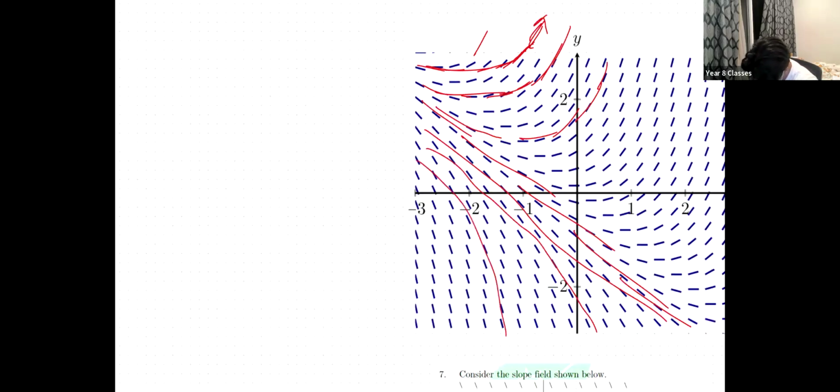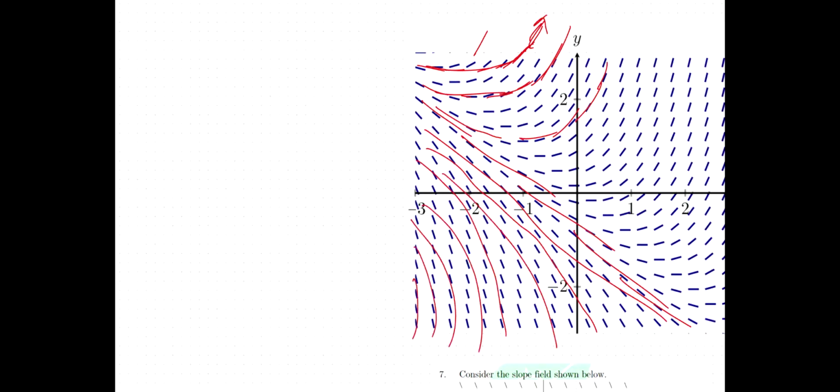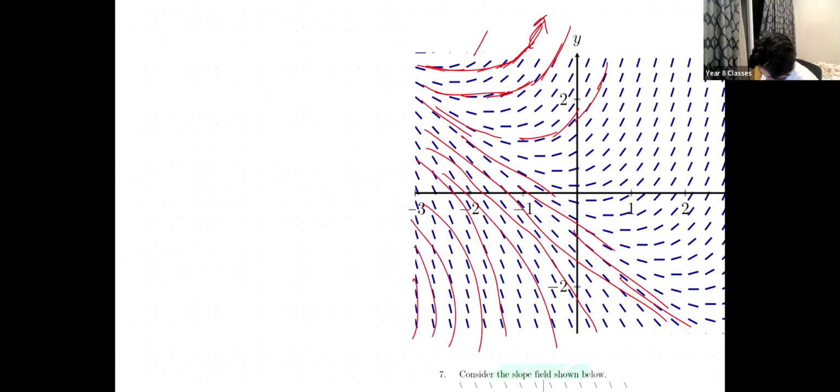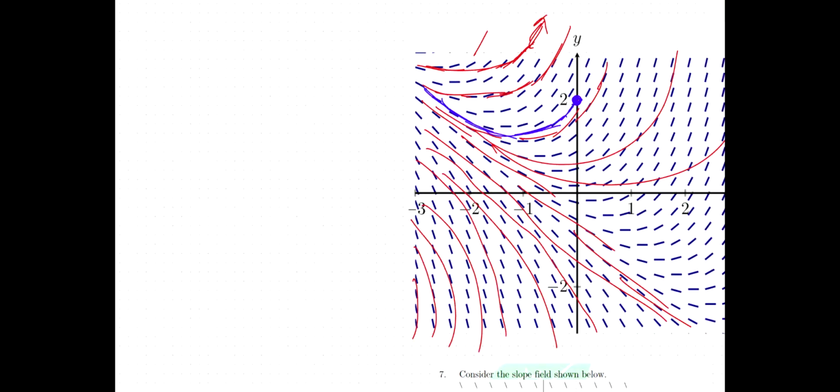Basically it should look like this, and so those are all correct. Those are all the slopes. But what it can ask you is to draw the curve in the slope field that goes through the point 2. To do that, you just backtrack from here, and it should look like this, like the one in purple. Okay.